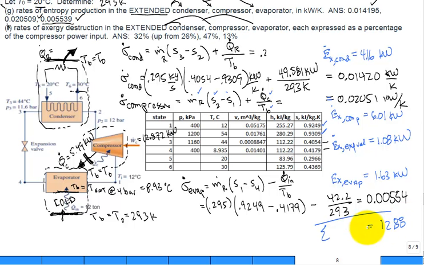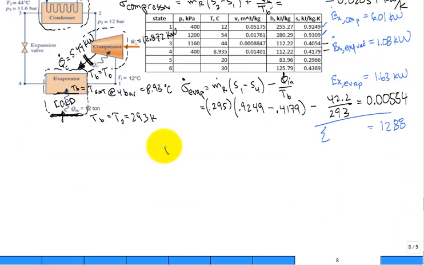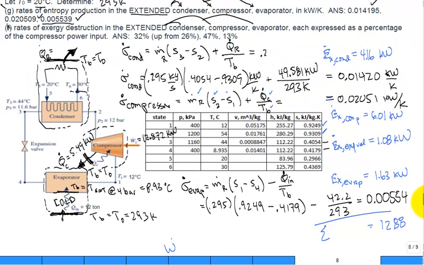Well, what came in to our compressor, our W dot into the compressor, was 12.88. I know I rounded off a little bit, but they're the same value.